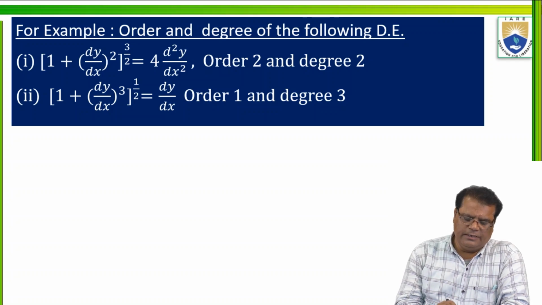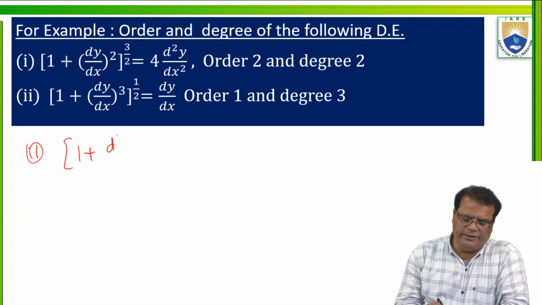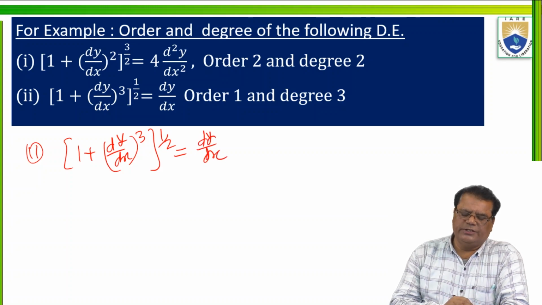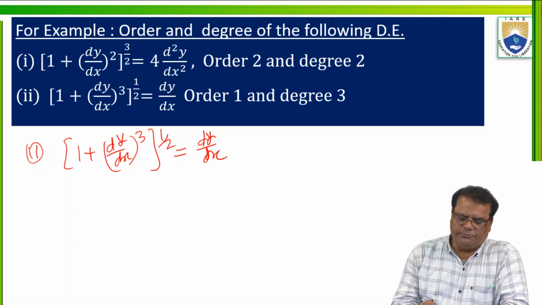Now example 2: 1 plus dy over dx whole cube, whole to the power half, equal to dy over dx. This is the differential equation. Now we remove this half. Half is a rational power, so we square on both sides.